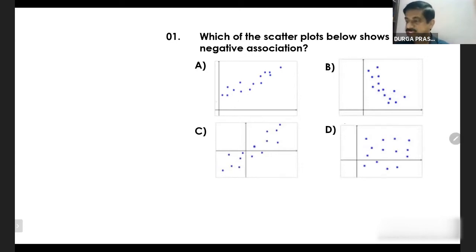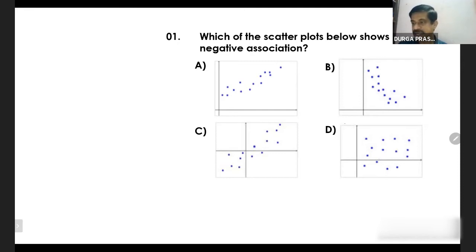If you look at this, it is increasing. The dots are moving upward as you move from left to right. If you look at this one, the dots are scattered. There is no relation at all.